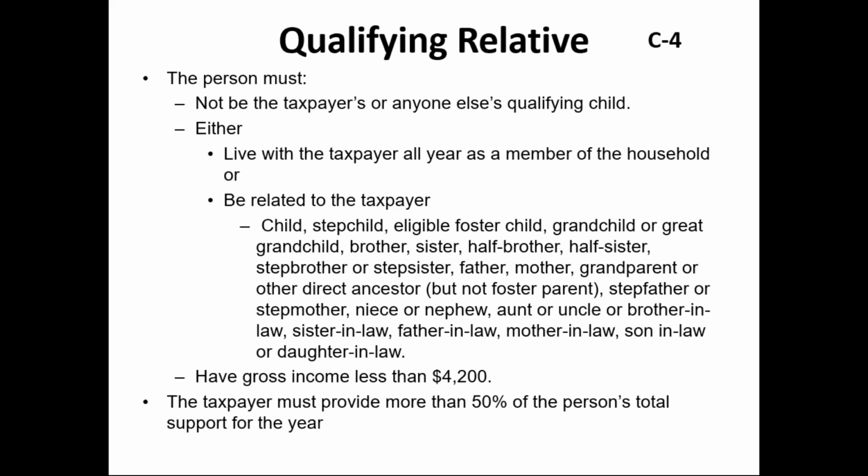Now, the good news: tax exempt income, scholarships and inheritance are not considered gross income. So if they're a college student and they're getting a scholarship, that's not gross income. If they've inherited money, that's not gross income. Also, Social Security generally won't hit that threshold.